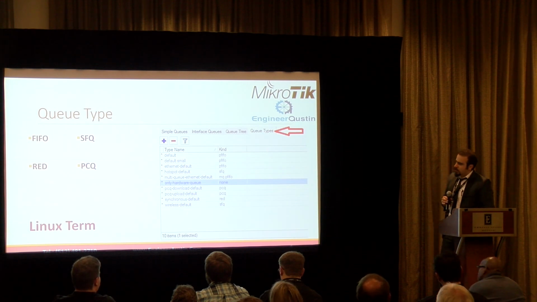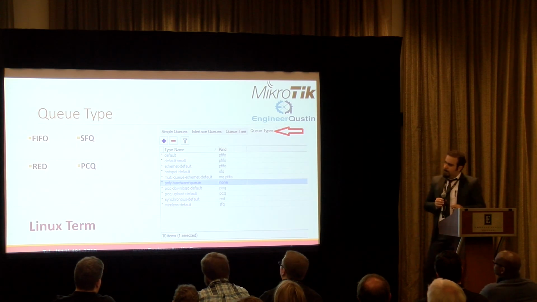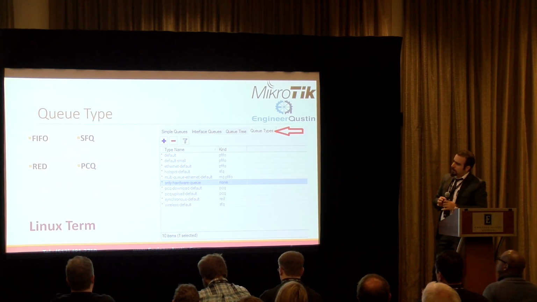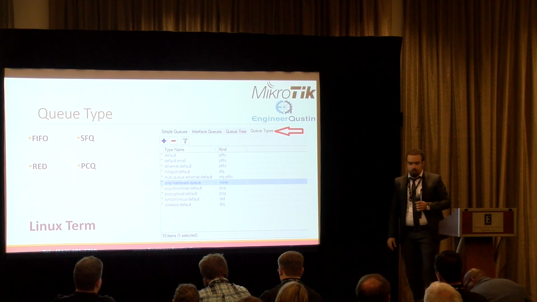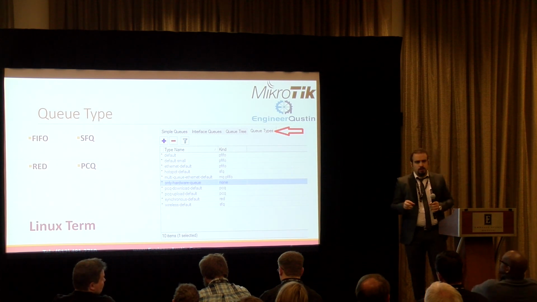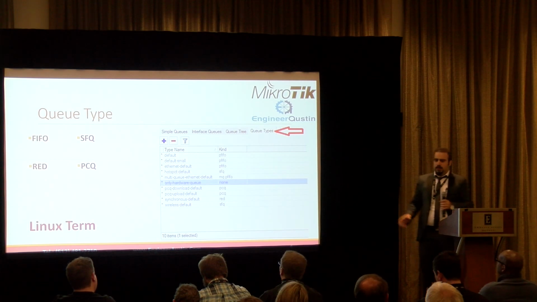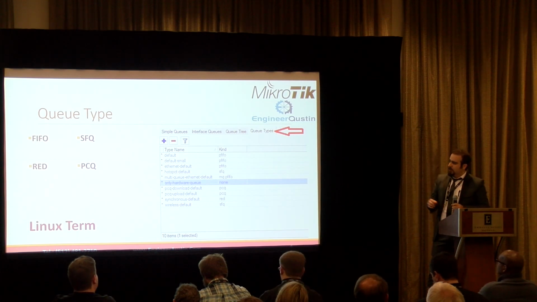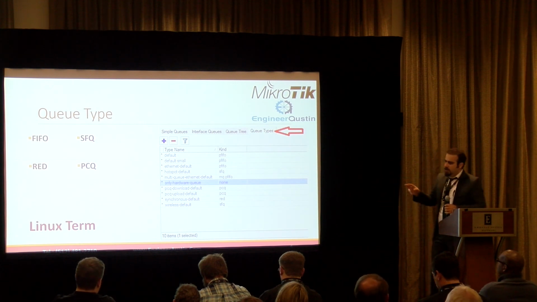The MikroTik RouterOS supports these types of queue, but the important thing about the queue, as in Linux terms, is that the packet comes to the queue with a function named the queue function, and the packet leaves the queue with the dequeue function. The important thing is the dequeue function. We will talk about the dequeue function more.